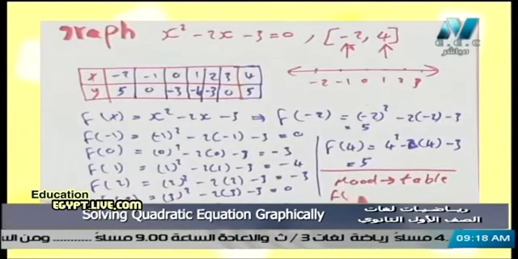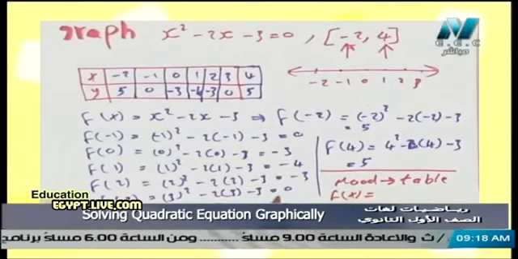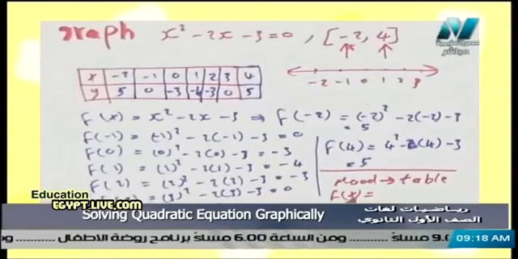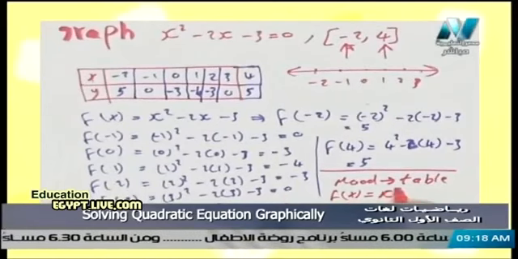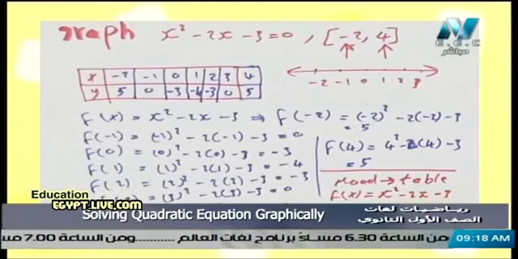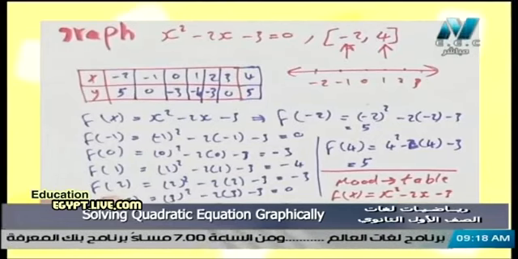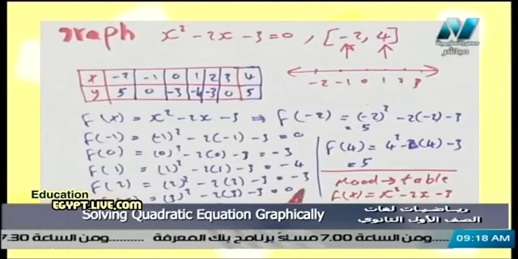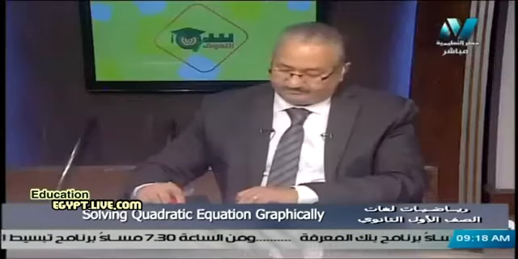It will ask what f(x) equals. We write the function x power 2 minus 2x minus 3 in the table and press equal.